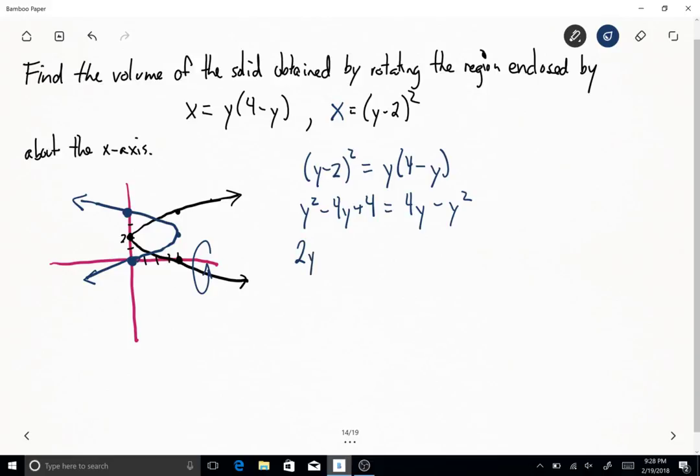Notice you get 2y squared minus 8y plus 4 equals 0. So what does that become? Well, that becomes 2 times the quantity y squared minus 4y plus 2, I believe. If I've done all that correctly, we should be good to go.